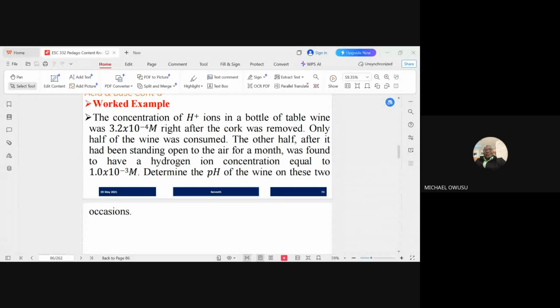So he got what? Yes, Doc. The pOH is equal to 12.4.